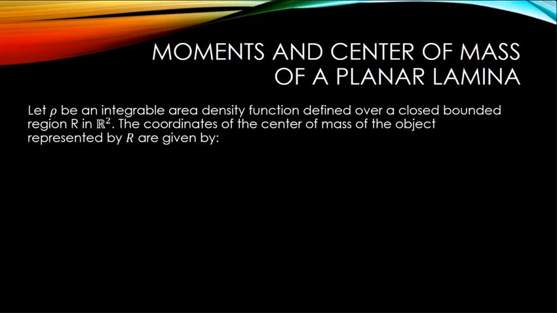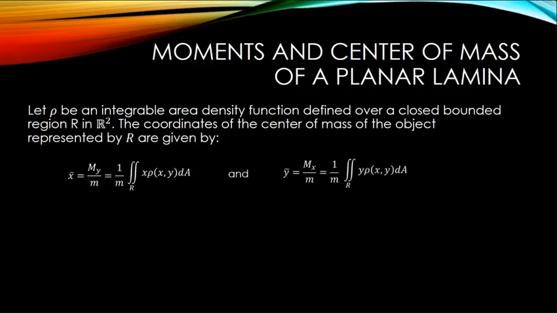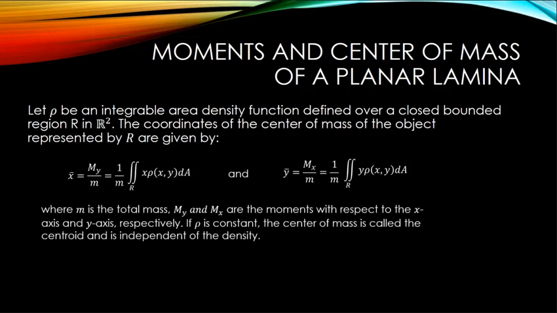So if I let rho be an integrable area density function defined over a closed bounded region R in the space R2, the coordinates of the center of mass of the object represented by the region R will be given by x bar equals capital M sub y over little m, which is equal to 1 over little m times the double integral over the region R of x times rho of xy dA, and y bar equals capital M sub x over little m, which is equal to 1 over little m times the double integral over the region R of y times rho of xy dA, where little m is the total mass and M sub y and M sub x are the moments with respect to the y-axis and x-axis respectively.